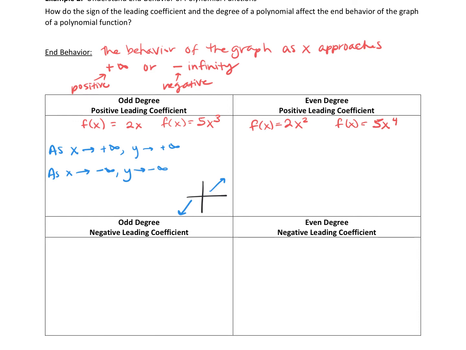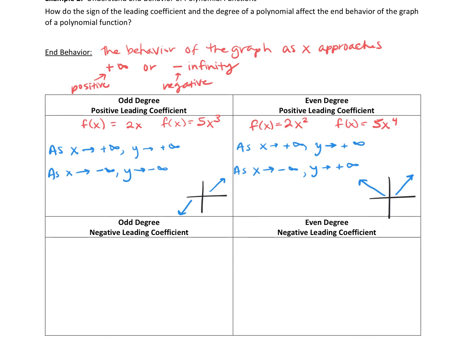So our end behavior as x approaches positive infinity, that's the right side of your graph, the y's are also approaching positive infinity. So a little sketch of that. As x approaches positive infinity, your graph is going to approach positive infinity. It's going to go up on the right. As x approaches negative infinity, the y's are also going to approach that positive infinity. So on the left side, we can see the end behavior is going to go up toward positive infinity on the right and up toward positive infinity on the left.